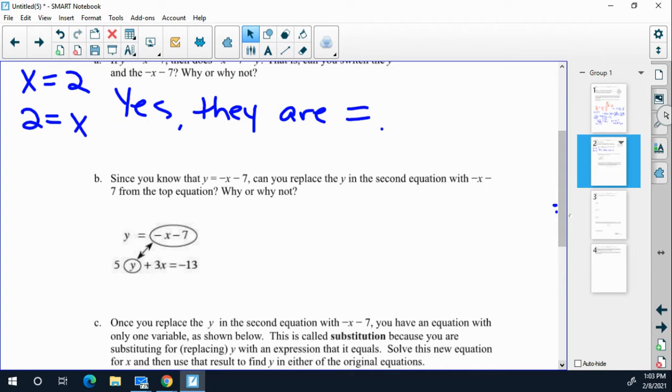Okay, so the same thing. Since you know that y equals negative x minus 7, can you replace the y in the second equation with negative x minus 7 from the top equation? Yes, they are equal, right?